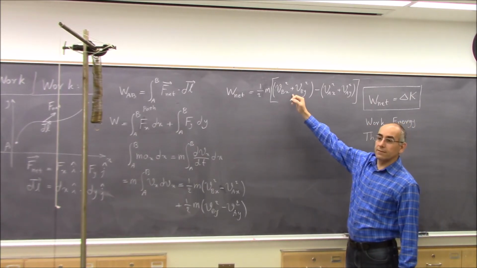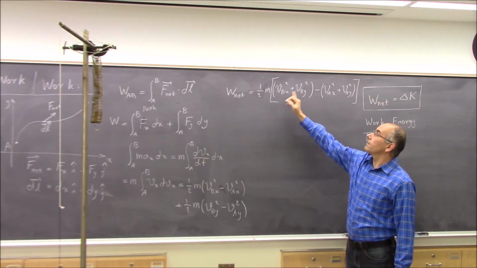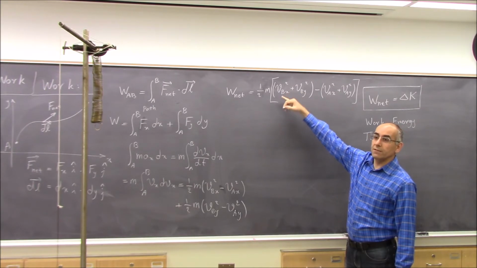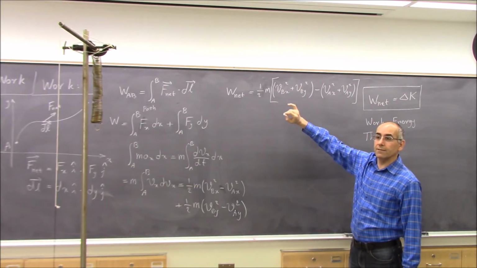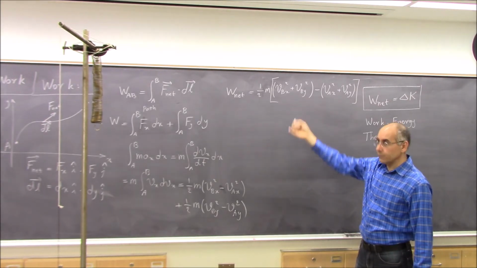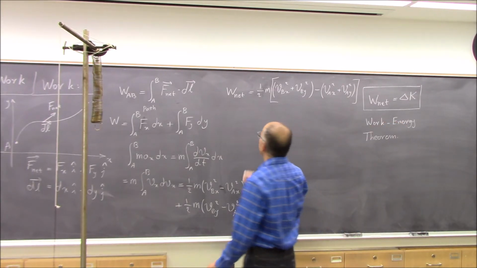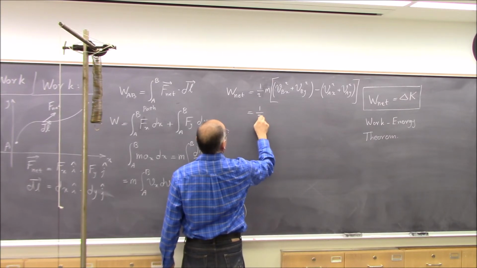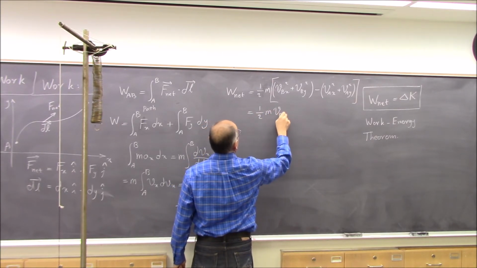What is this? The x component and y component of VB squared added becomes the square of the magnitude at point B, right? So it becomes 1/2 m VB squared.